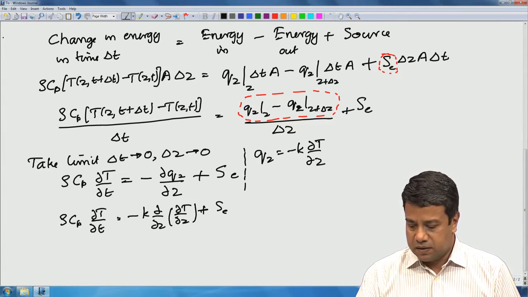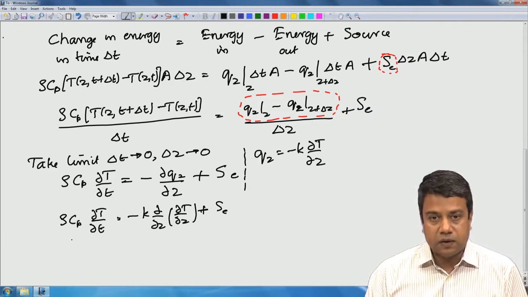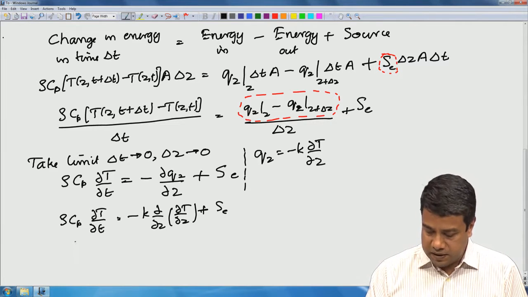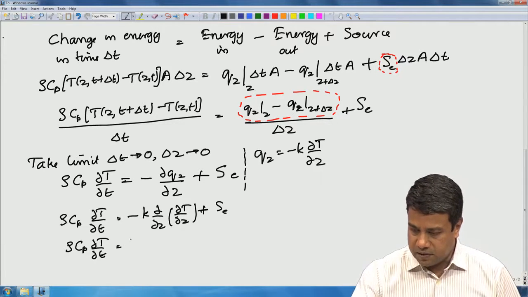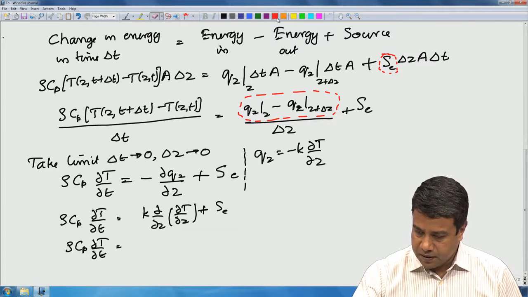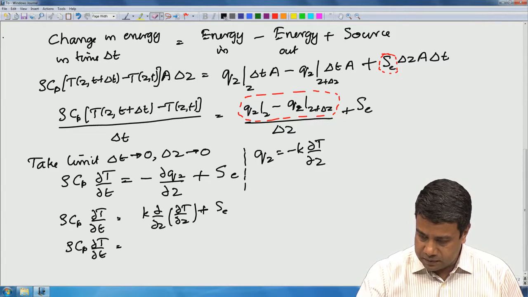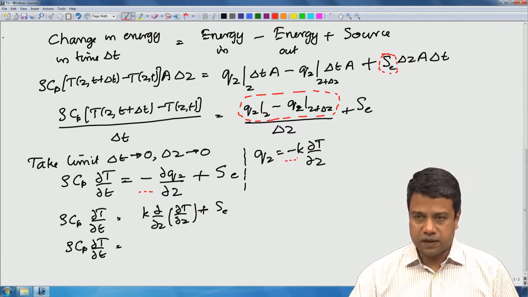So, if you use that assumption, then I will get an equation for the temperature field as rho Cp dT by dt is equal to, I am sorry, this should be a plus sign here. Kindly note this mistake. There is a minus sign in dq by dz, and qz itself has a negative sign.